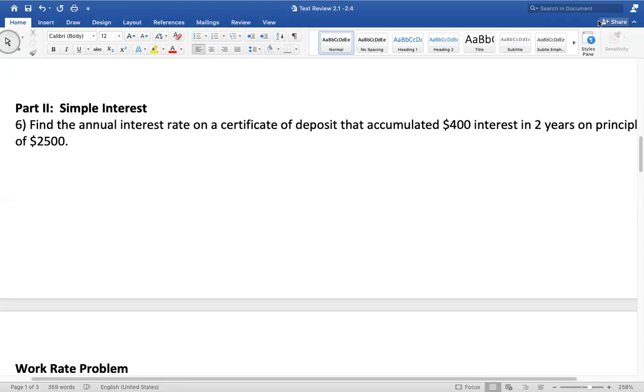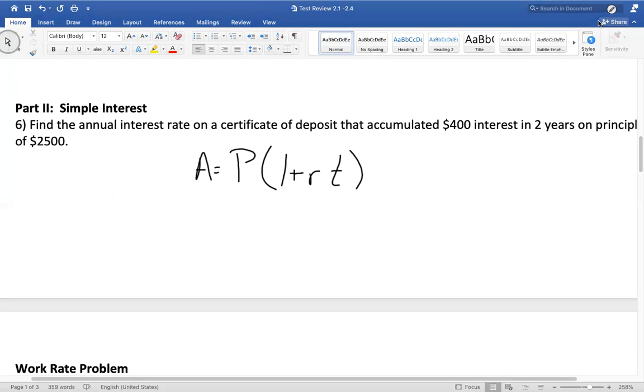Now, the simple interest formula is A equals P times 1 plus RT. So essentially your amount equals your principal times the quantity of 1 plus your rate times the time.